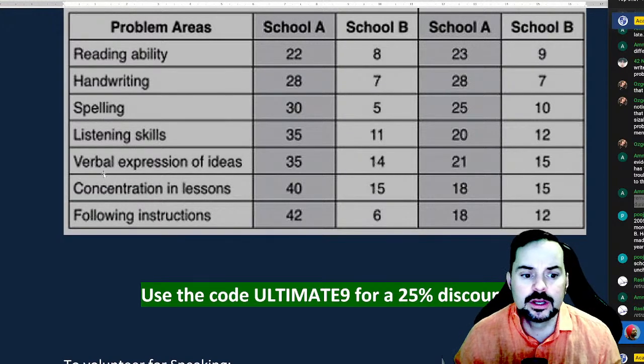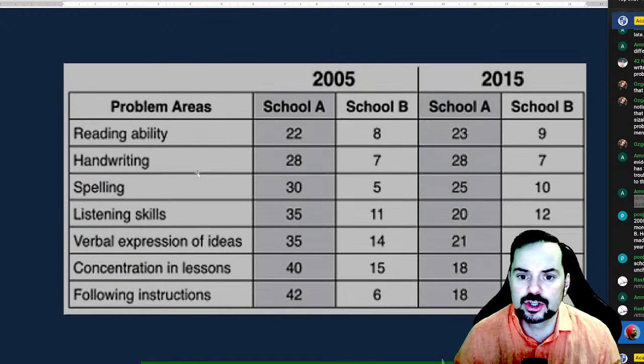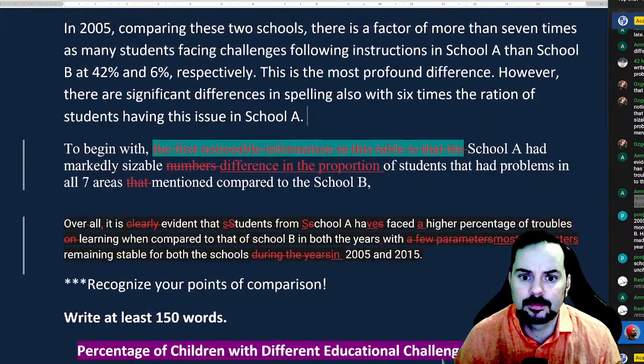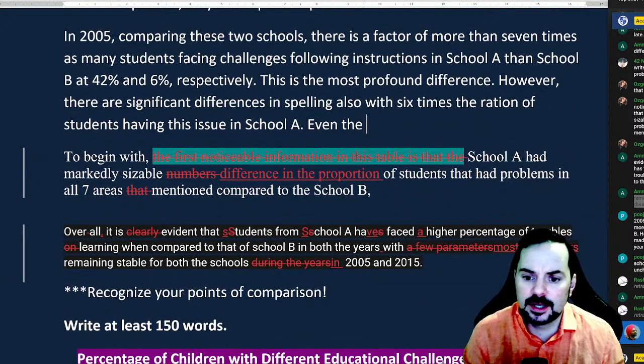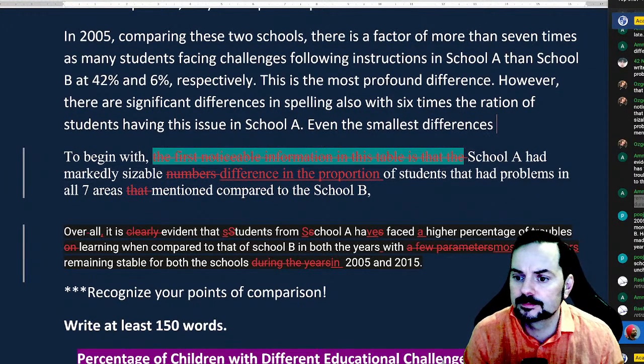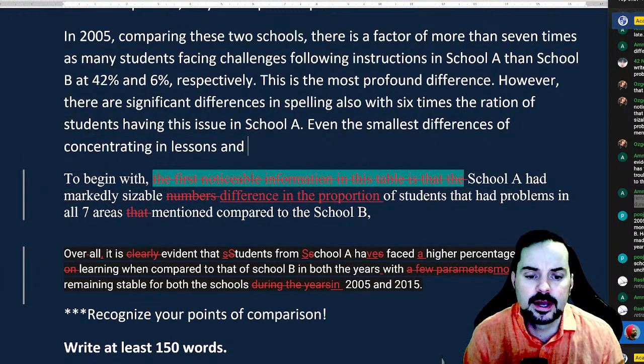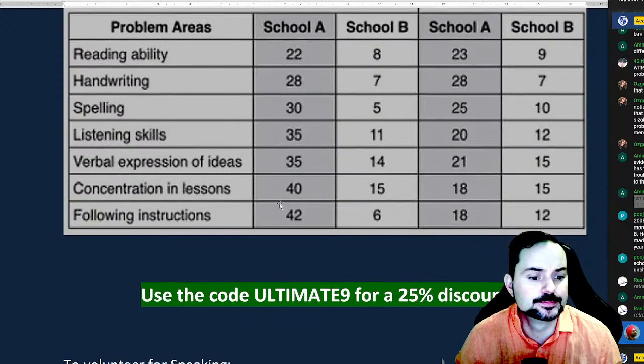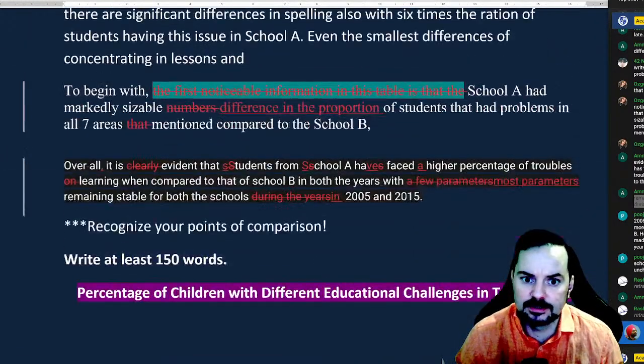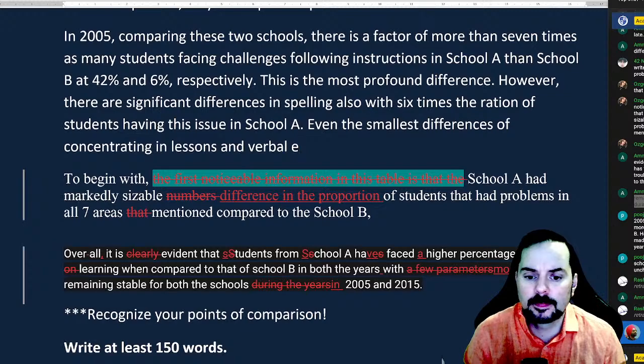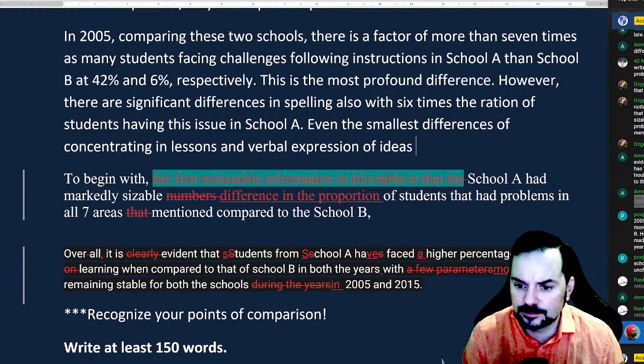So point 3, verbal expression of ideas and concentration in lessons. Even the smallest differences of concentrating in lessons and verbal expression of ideas is more than twice the percentage.